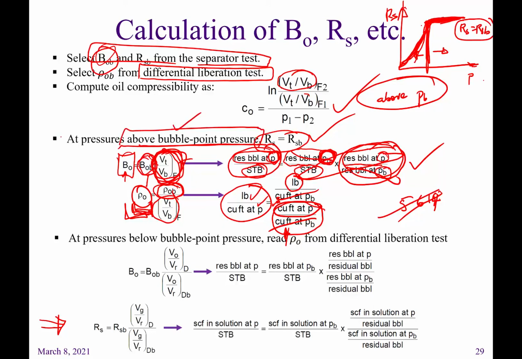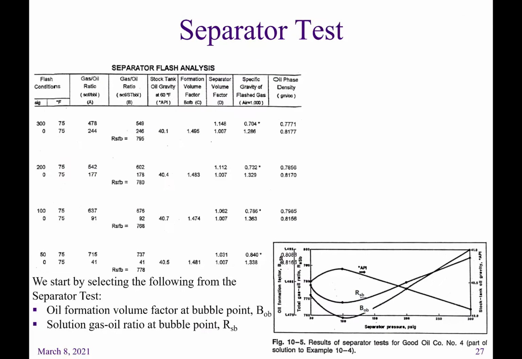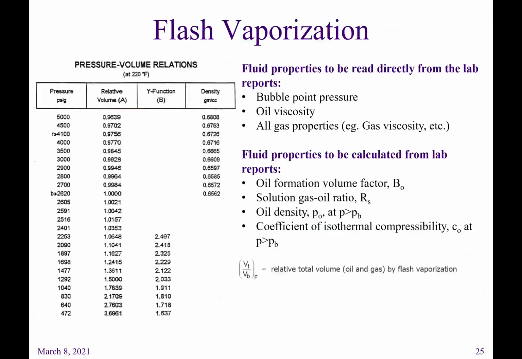So all the calculations we've looked at here are what you use above bubble point pressure. And they're all using this relative oil volume coming from the flash test, right? I can show you those relative oil volumes again. This is your flash, and this is it. Precisely this.